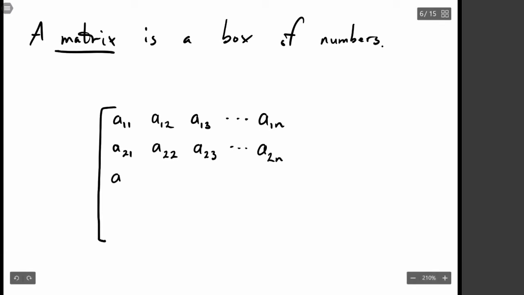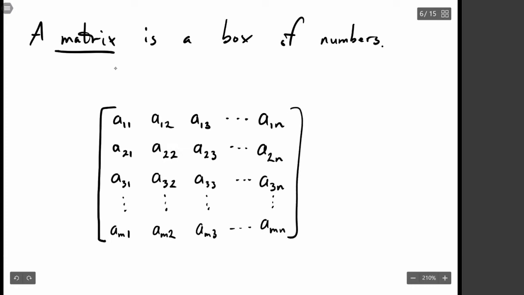Row 3, A31, A32, A33, and so on to A3n. And then we can keep doing this until we fill up the matrix as big as it needs to go. So Am1, Am2, Am3, and Amn.